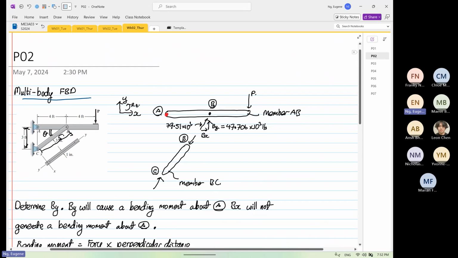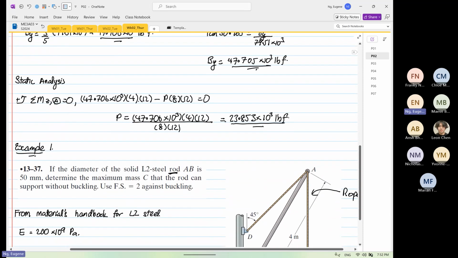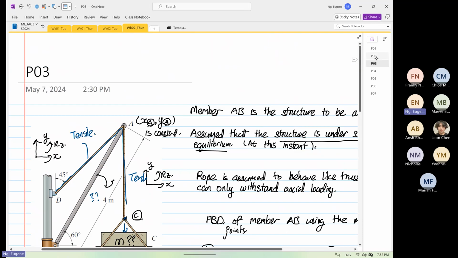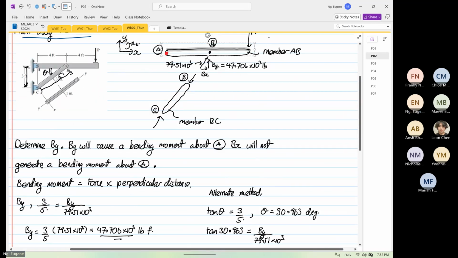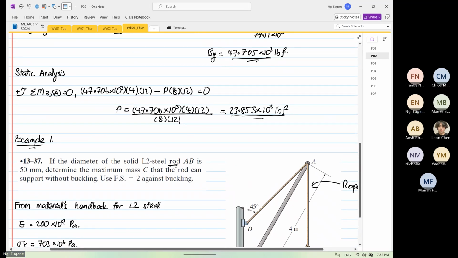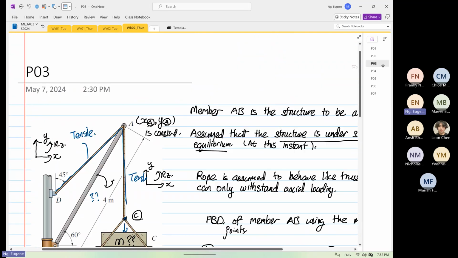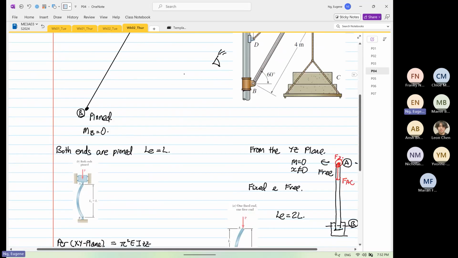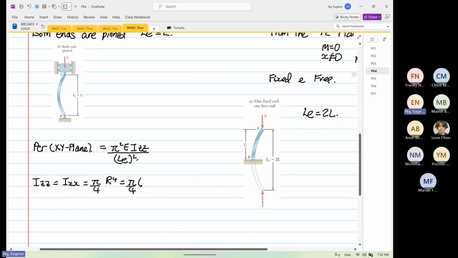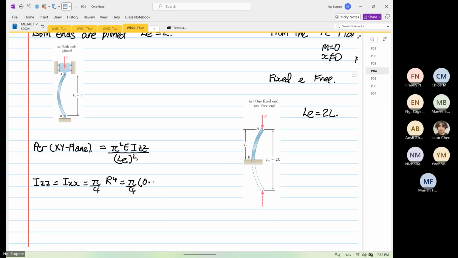We are given the diameter, which is 50, so the radius is 25, which is 0.025. So 0.025 to the power 4 times pi divided by 4.